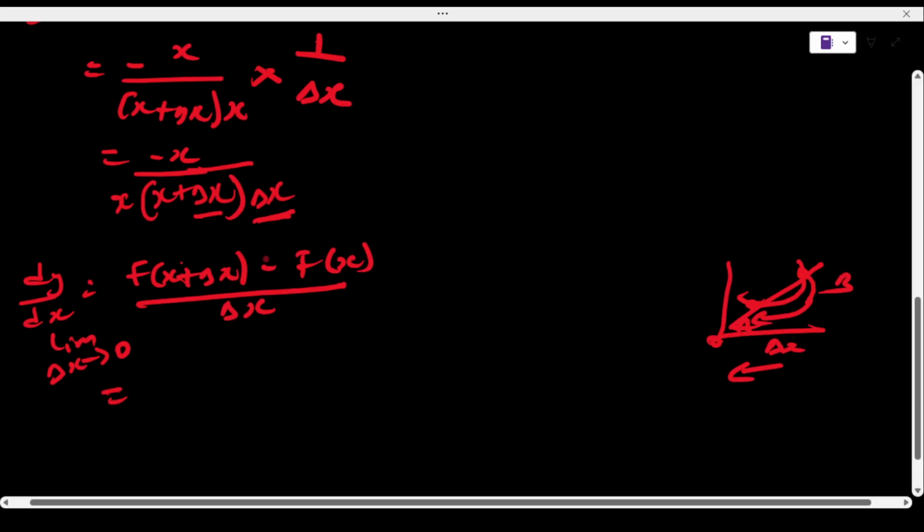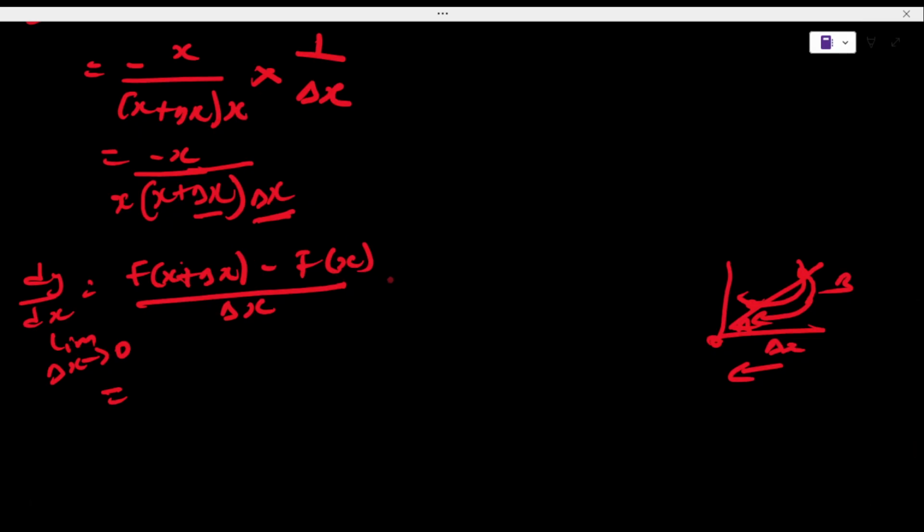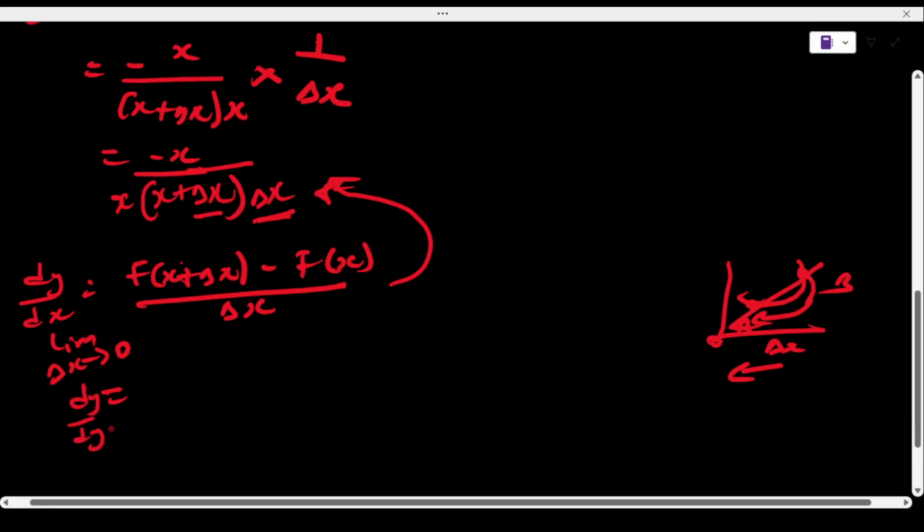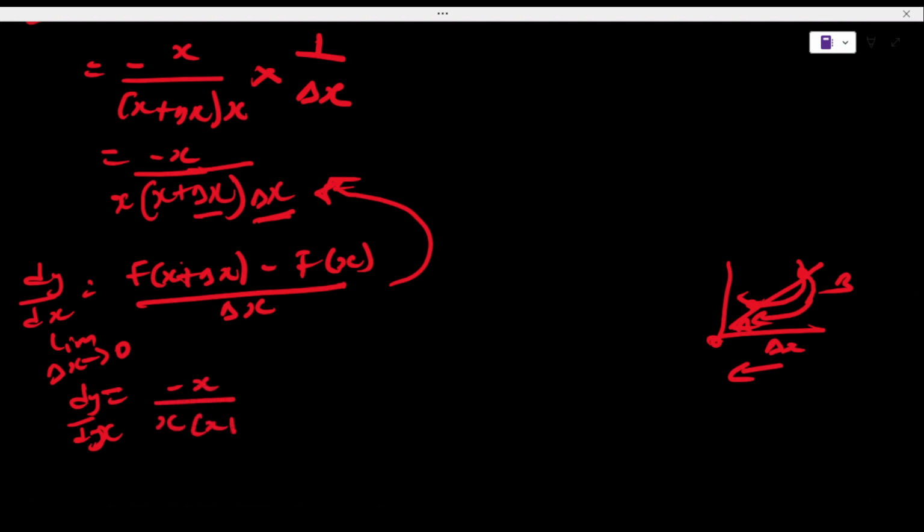So now the result we got from this formula is this. Let's write it out. dy dx is now minus x over x plus change in x.